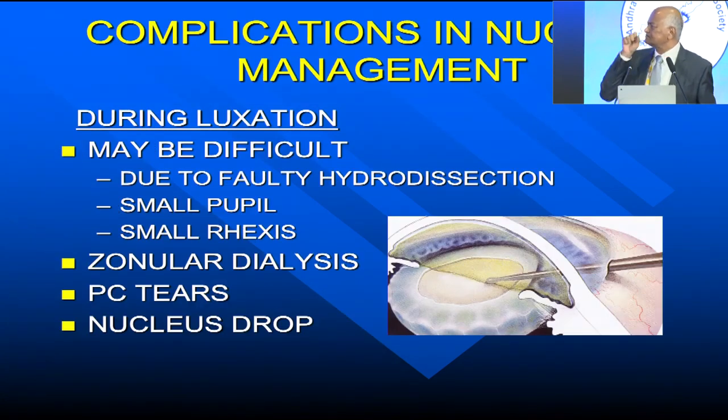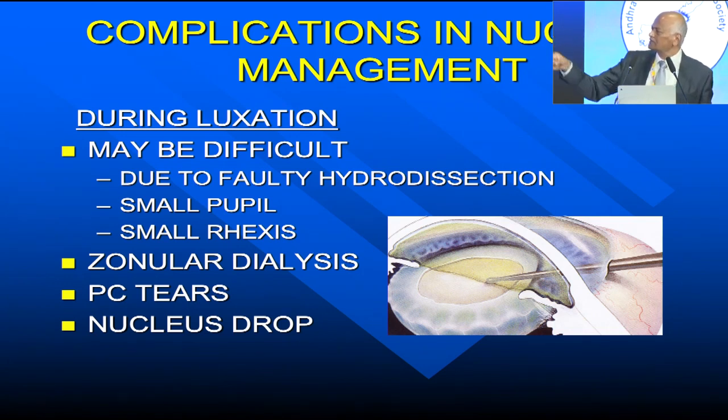Then for nucleus management, see what happens: it may be difficult due to faulty hydrodissection, because the nucleus is not separated. So whenever you are removing it, before that you should see whether the nucleus is rotated or not, and if it is rotated, then only you should go ahead.